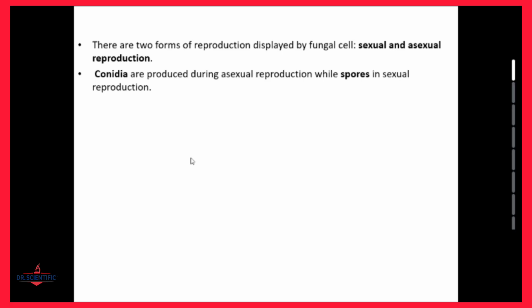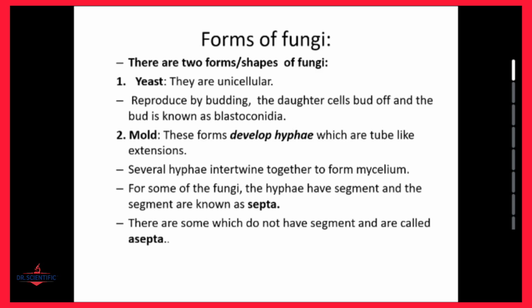Conidia are produced during asexual reproduction, while spores signify sexual reproduction.